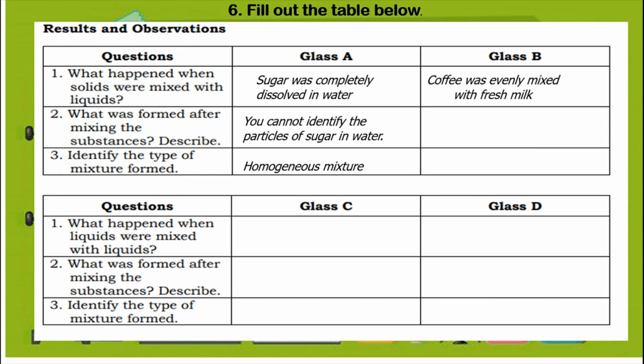Pag halo nato sa coffee, dili to siya in the liquid form ha. Kanang powdered coffee siya, kanang naa siya sa pack, katong black coffee, katong dili siya 3 in 1, kundi pack siya na coffee.